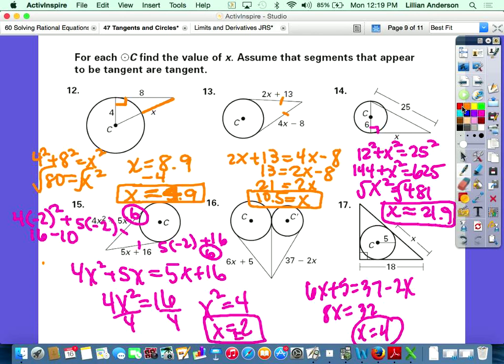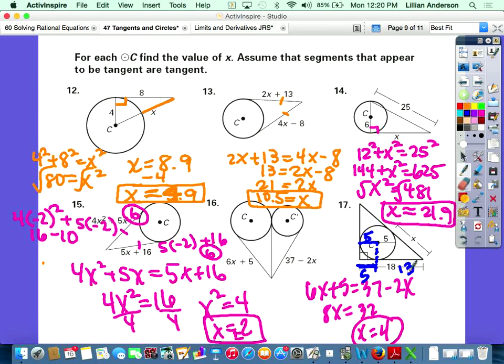And this last one. What is x? 13. If this is 5, you know the other radius is 5, which means from here to here is also 5. Meaning, how long is this tangent? 13, because 5 plus 13 equals 18.